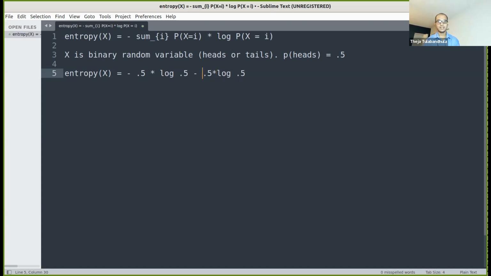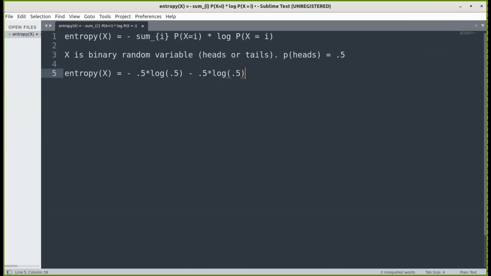Does everybody agree with this? There are only two values. Any questions about this? I don't want to confuse anybody. So this is entropy. The two terms, so minus 2 times 0.5 is just 1, so minus log of 0.5.